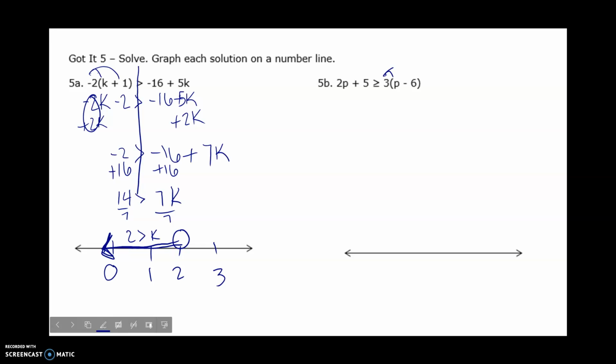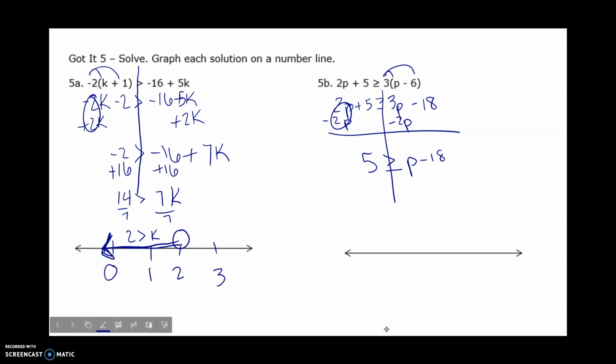Over here, distributive property, 3p minus 18, 2p plus 5. I'm going to subtract that 2p from both sides. 5 is greater than or equal to p minus 18.